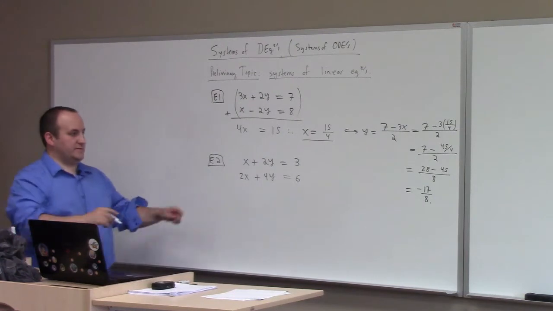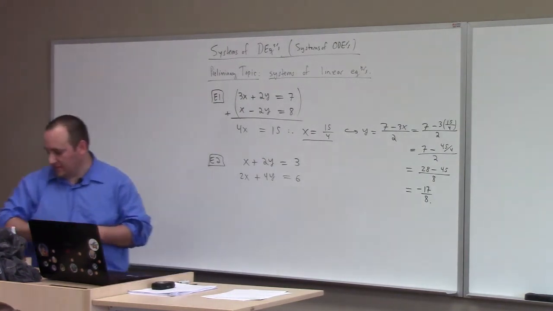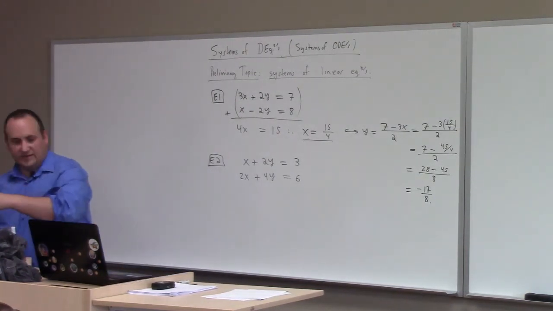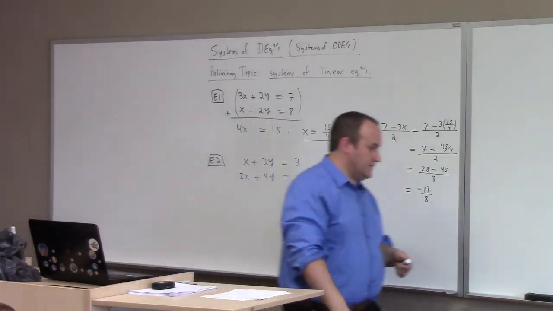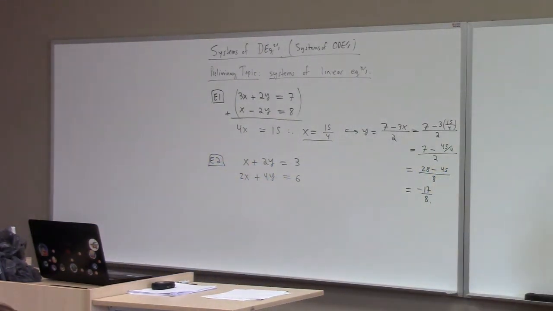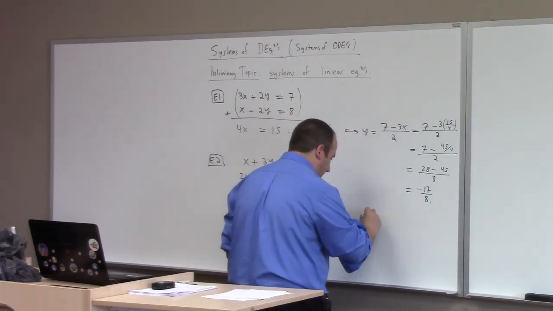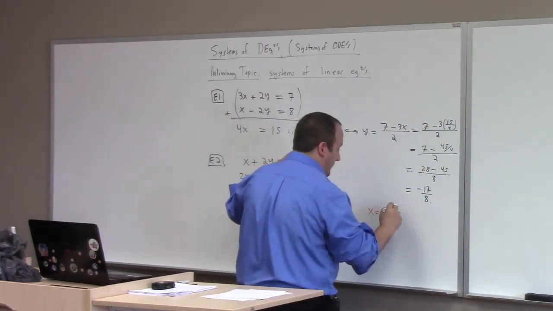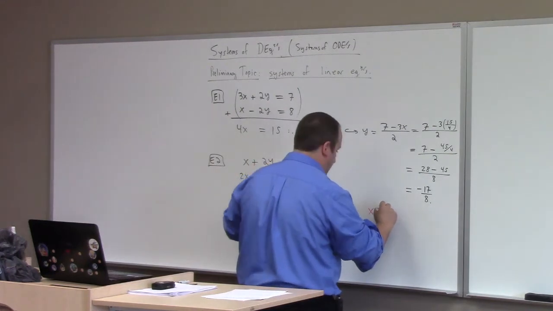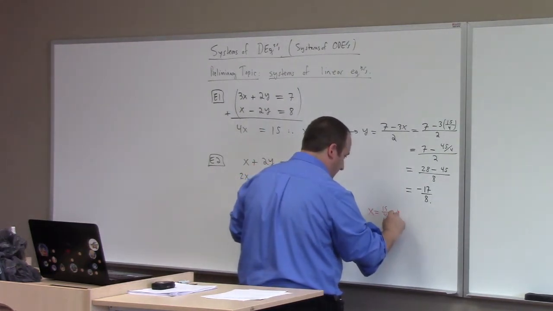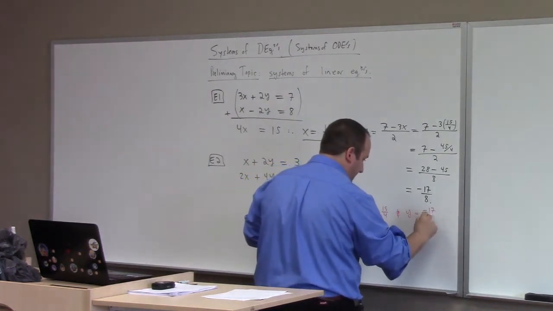By the way, before I forget, the first problem, what's the answer? I mean, what is a solution to a system of two equations and two unknowns? You've got choices, right? You can say x equals 15 over 4 and y equals minus 17 over 8.